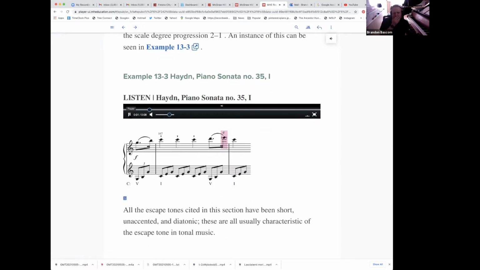Example 13-3. Did you miss it? Did you blink? Example 13-3. Approached by step, left by leap in the opposite direction.